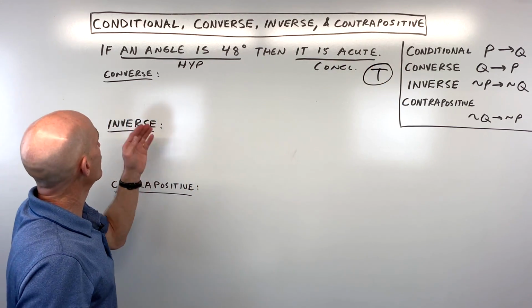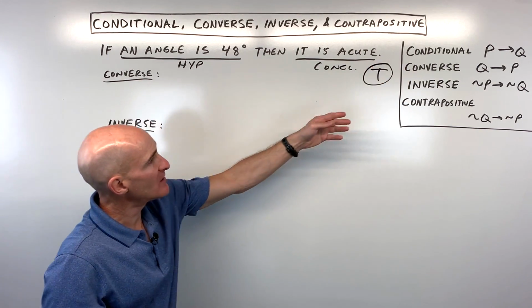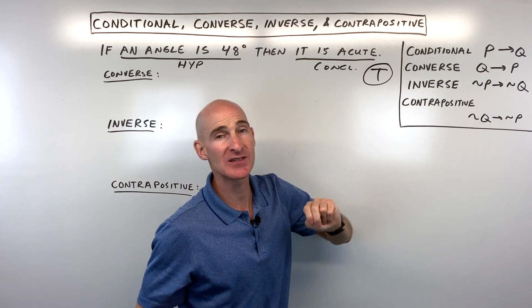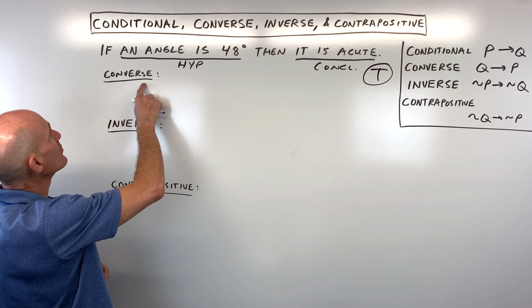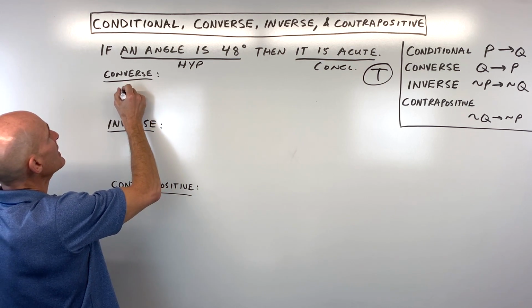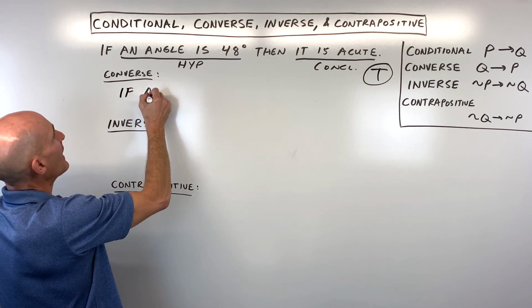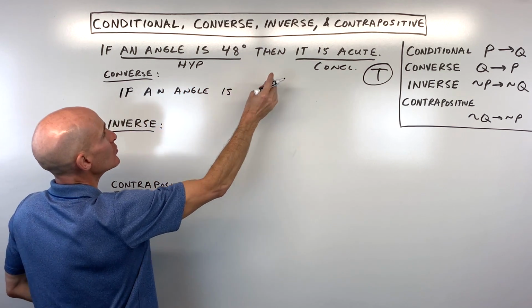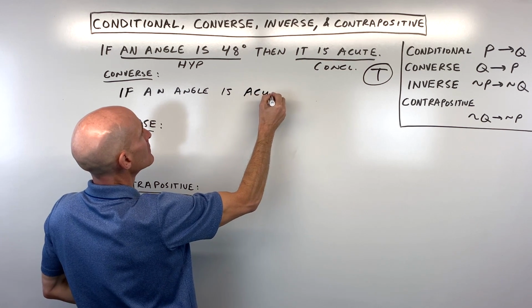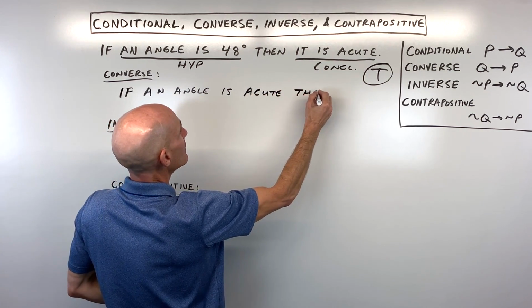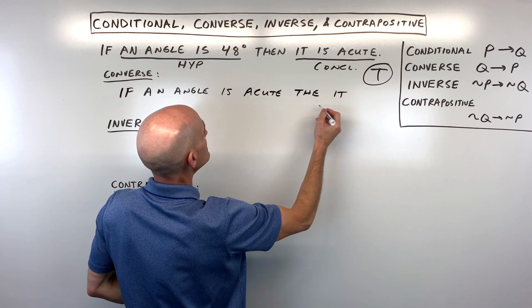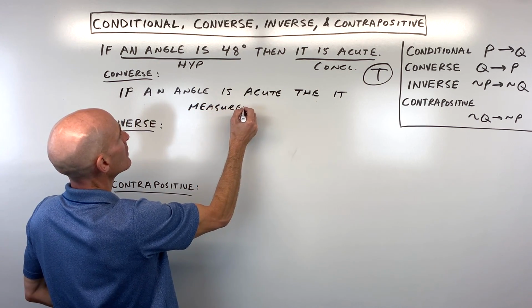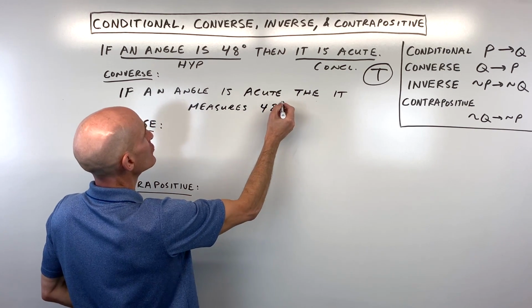Now, for the converse, how would we write that? Well, we said the converse is like saying it in reverse, switching the hypothesis and the conclusion. So for this one, we would say if an angle is acute, then it measures 48 degrees.